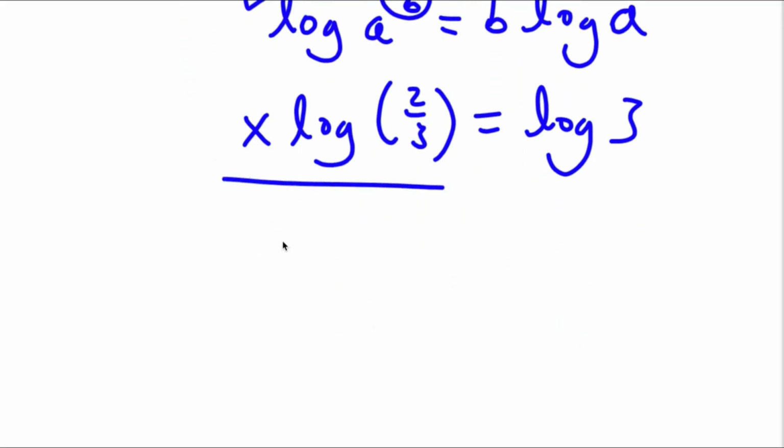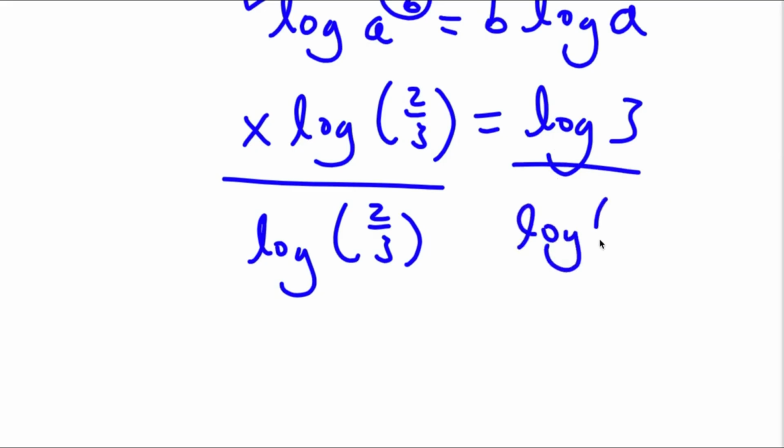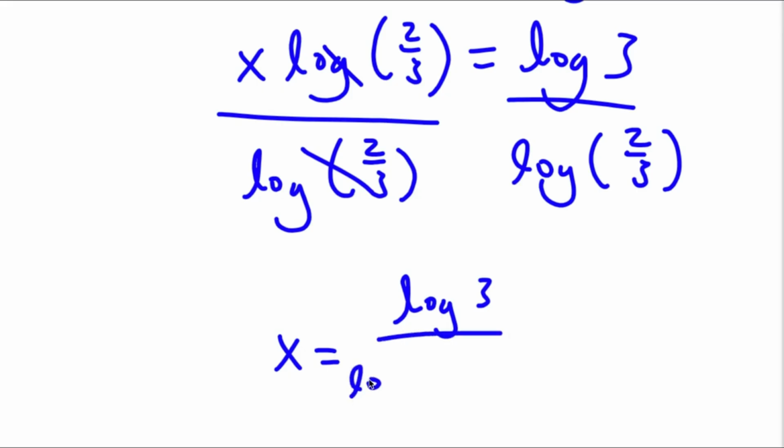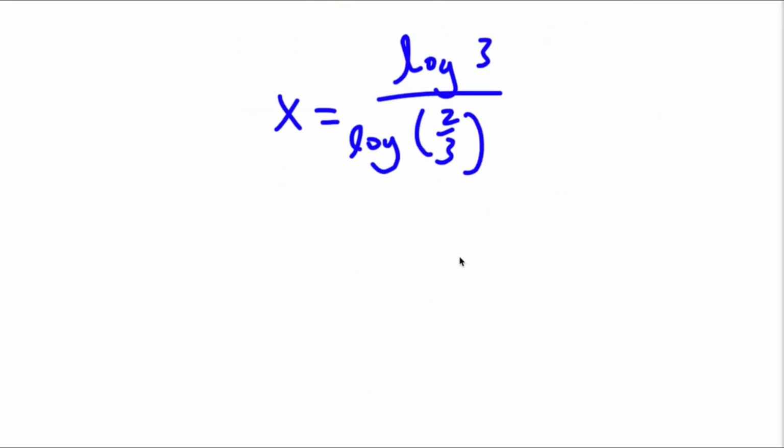Now I'm going to divide both sides by log 2 over 3. So then these two will cancel out, and I'll be left with x is equal to log 3 over log 2 over 3. Now I can actually write this in two different forms.